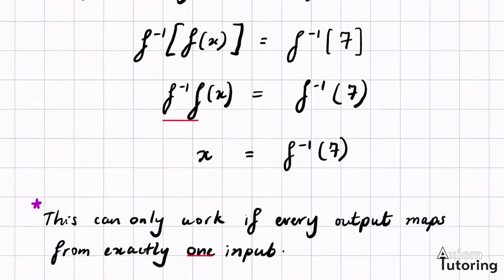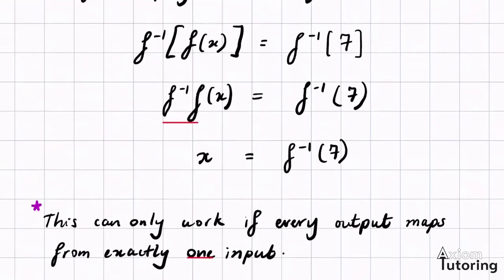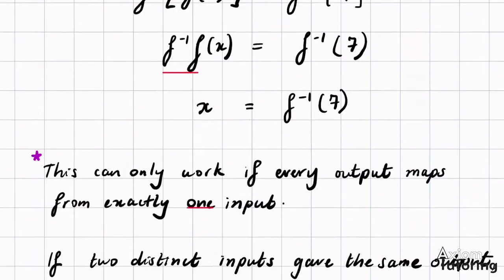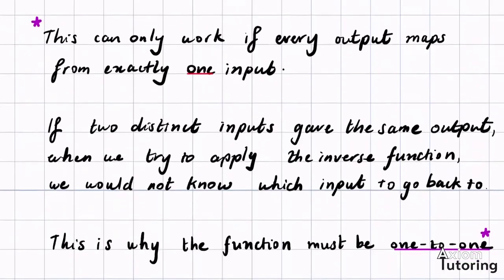So this can only work if every output maps from exactly one input. So this is our definition of a 1-to-1 function. If you have two distinct inputs and they give you the same output, if we try to apply the inverse function, we wouldn't know which input to go back to.